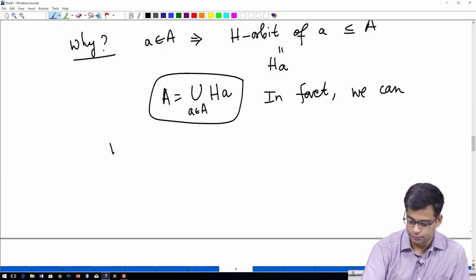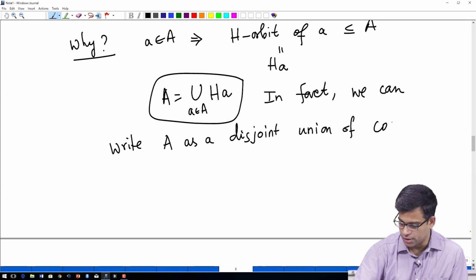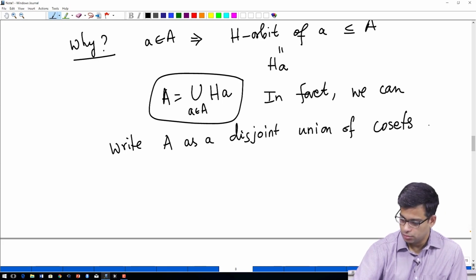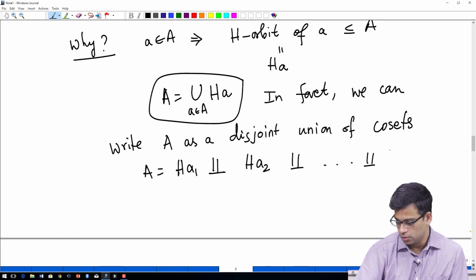So we can write A as a disjoint union of cosets. So we can write A as some HA1 disjoint union HA2 disjoint union HAR.